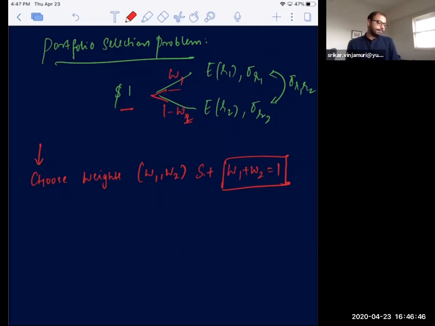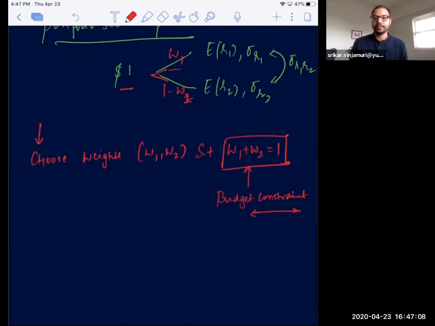So in a certain sense, you could think of this as the budget constraint on the selection problem. You constrain that the sum of the weights on all the assets in your portfolio need to sum to 100%. That's basically you're allocating all of your money between all the different assets you have available.